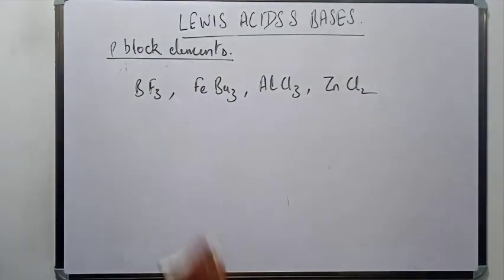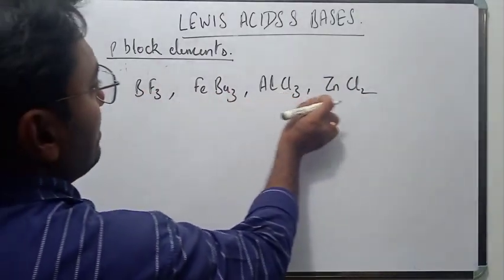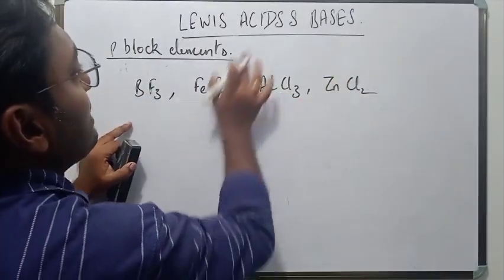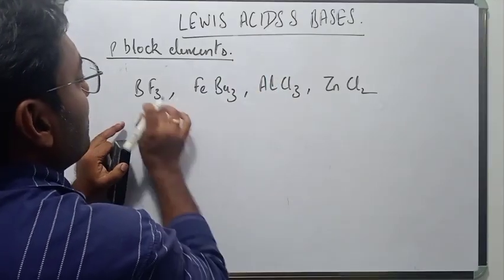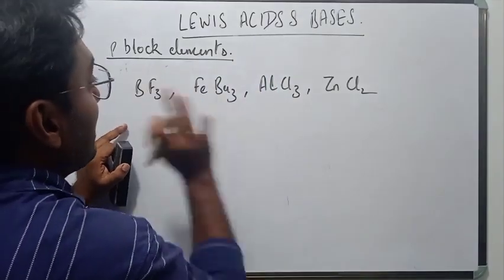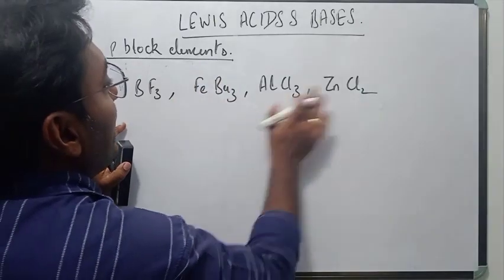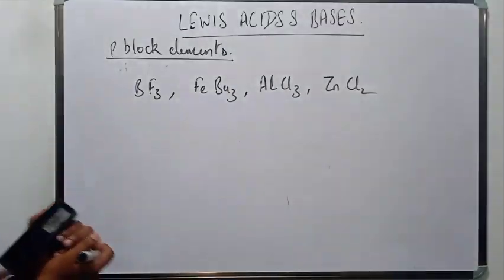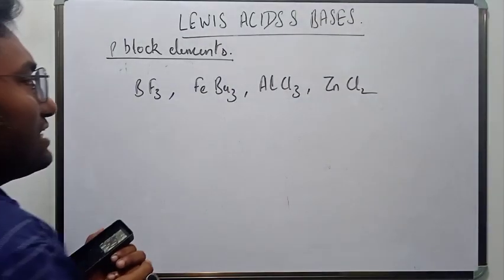All of these, be it boron, iron, aluminum, zinc, are Lewis acids in compound form, not in ionic form. But in compound form they act as Lewis acids. How, and exactly why, does it act as a Lewis acid?